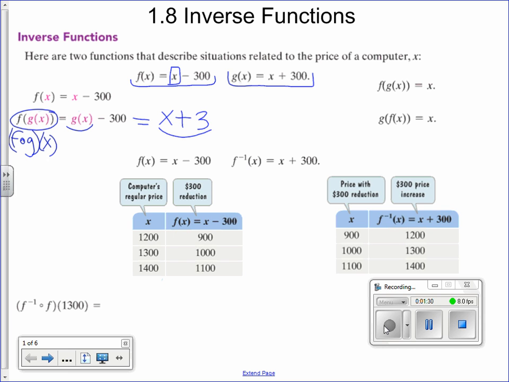So that will be the same as function g, right? And so if we continue with function f, we have a minus 300. And so if we combine the constant terms, 300 minus 300 equals 0. So the result for that is x.